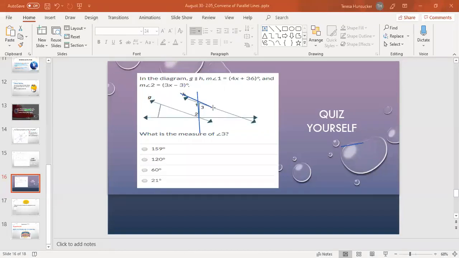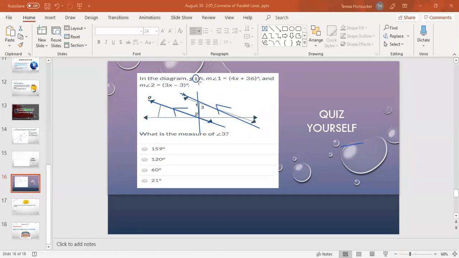Think of this as our parallel lines, and I'll mark them with arrows. Okay, and it says, are the lines parallel? Is G parallel to H? Do you know the symbol for parallel? This is that little, looks like an 11.